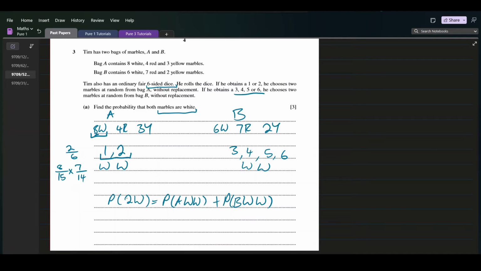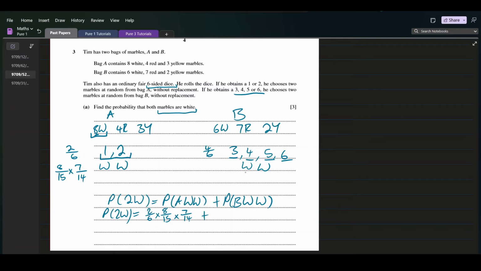So that means the probability of 2 whites is equal to 2 over 6 times 8 over 15 times 7 over 14, plus the probability of picking bag B, that's 4 out of 6.